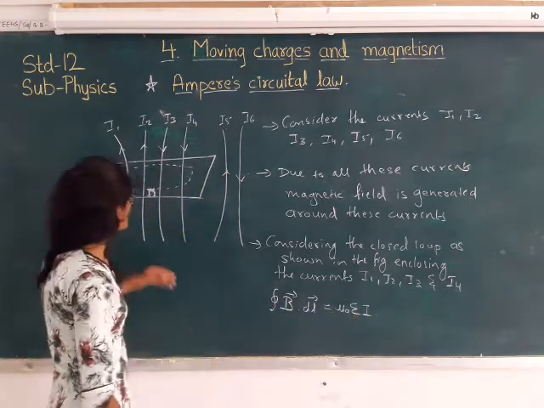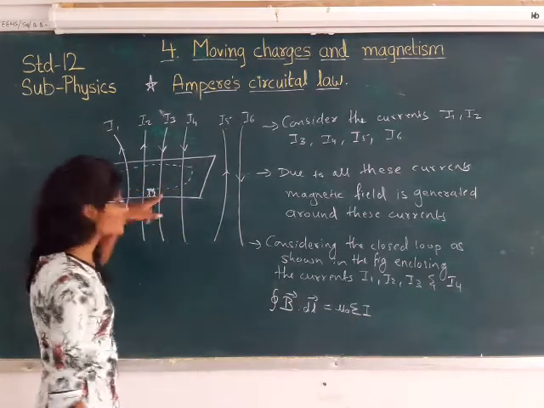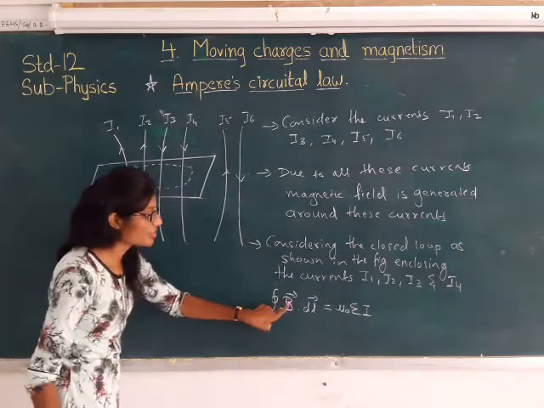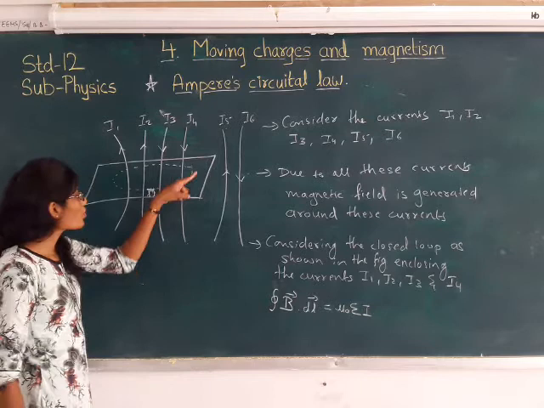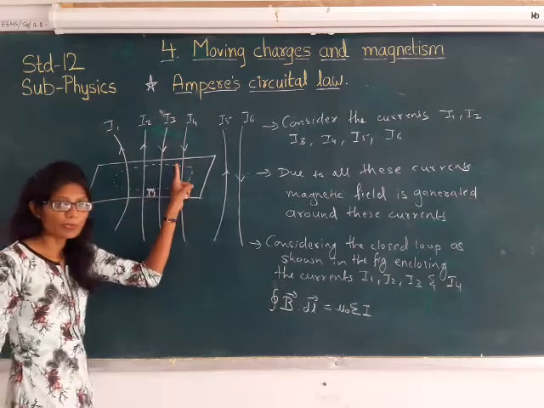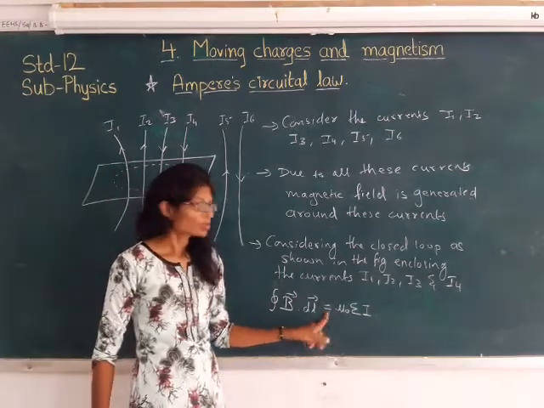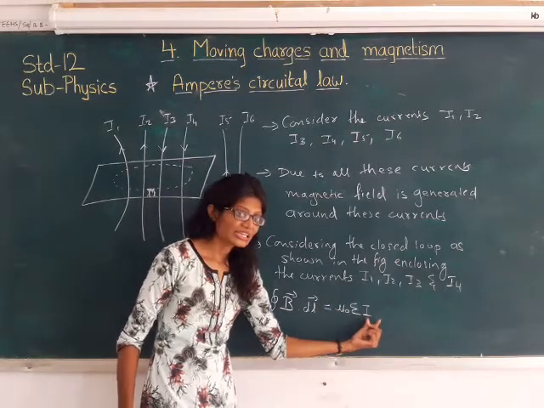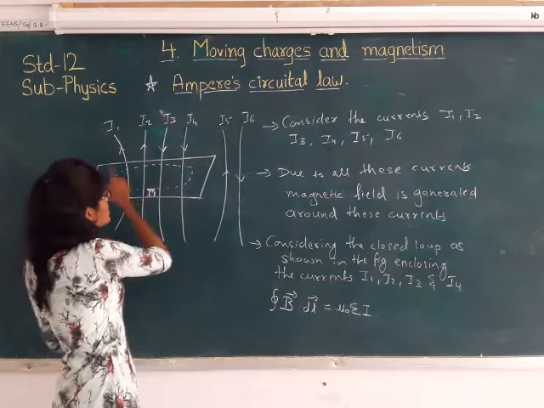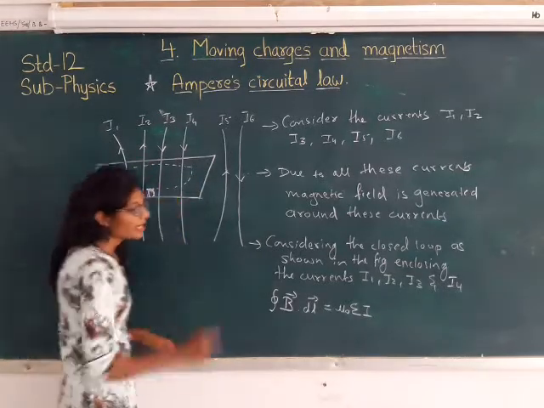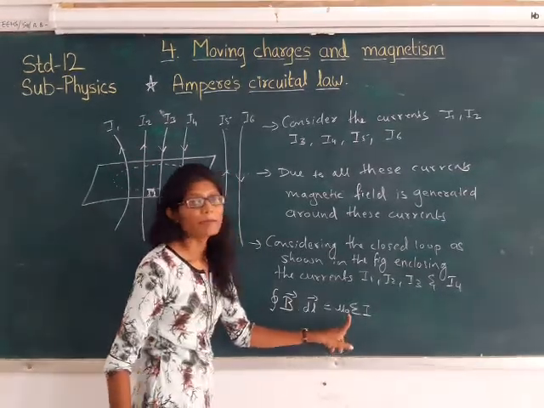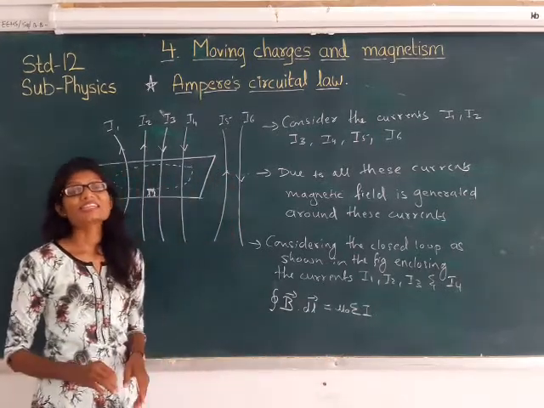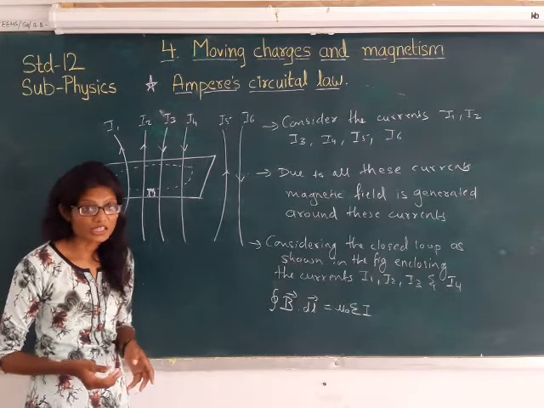The line integration of the magnetic induction over this closed loop is equal to the product of the algebraic sum of the current that is enclosed in this loop into the mu 0. Mu 0, that is what? Magnetic permeability.